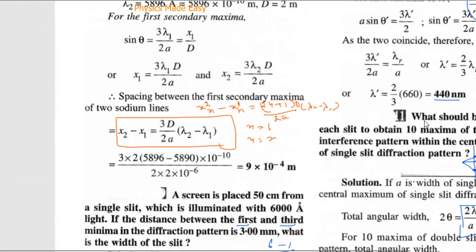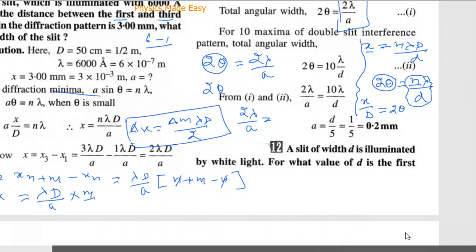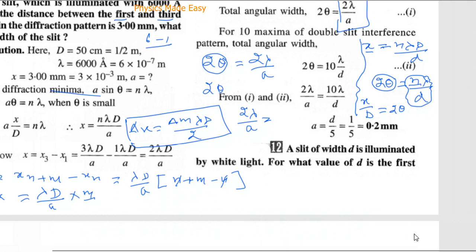And now, coming to this point here, these two should be equal. D is the distance between two sources. a is the width of the aperture which has been used for diffraction. From here this is 5.